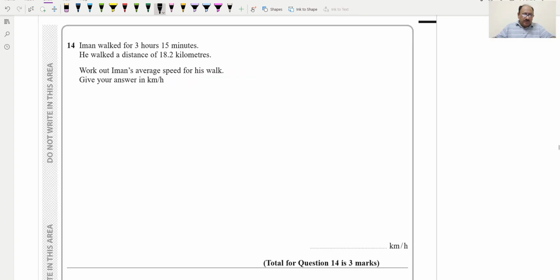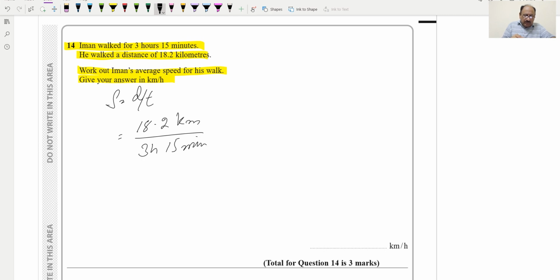Now question number 14, and question number 14 says Iman walked for 3 hours 15 minutes. He walked a distance of 18.2 kilometers. Work out Iman's average speed for his walk. Give your answer in kilometer per hour. So speed we know is equal to distance over time. So the distance will be 18.2 kilometers, and the time will be 3 hours and 15 minutes.